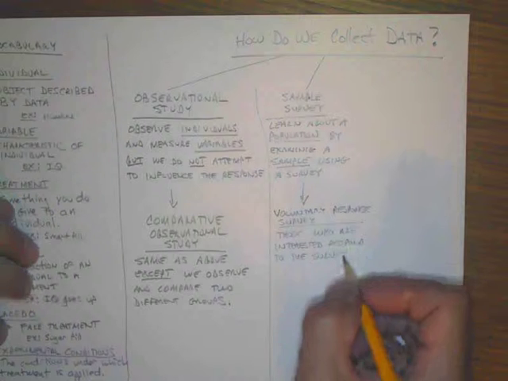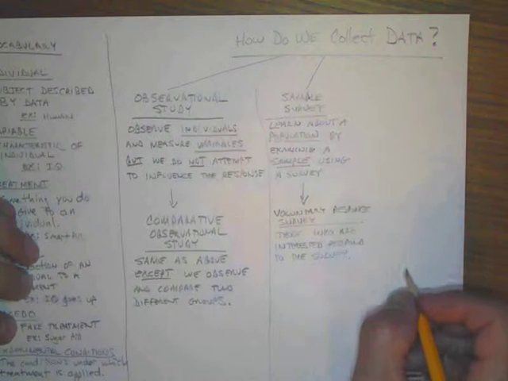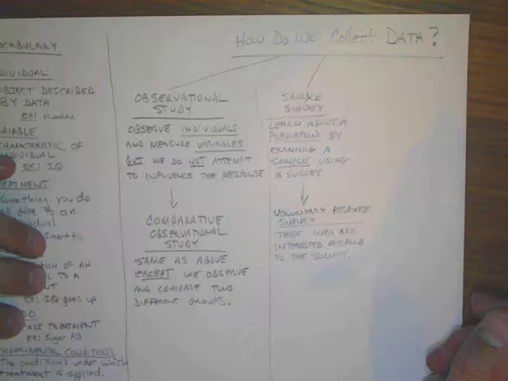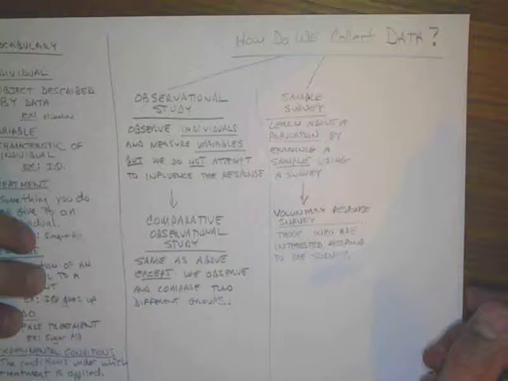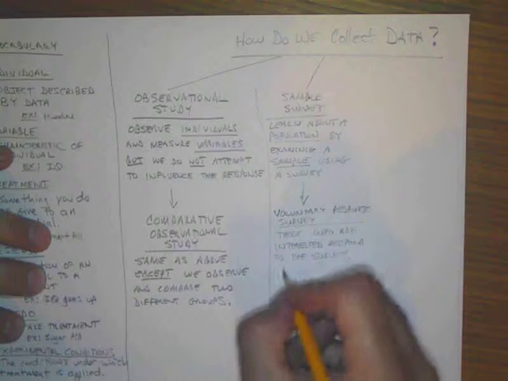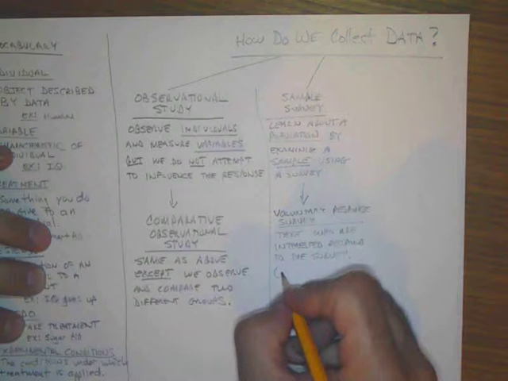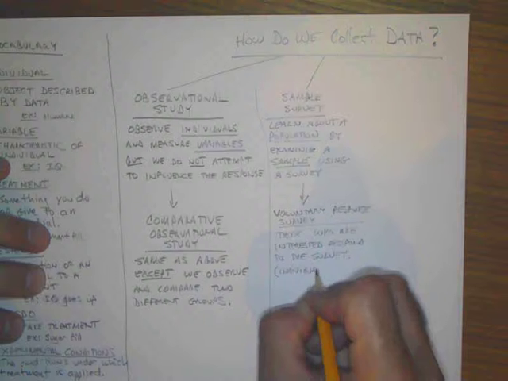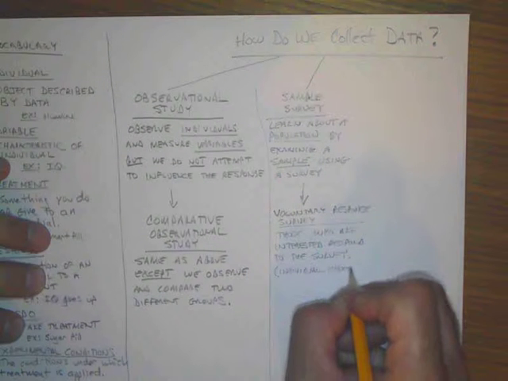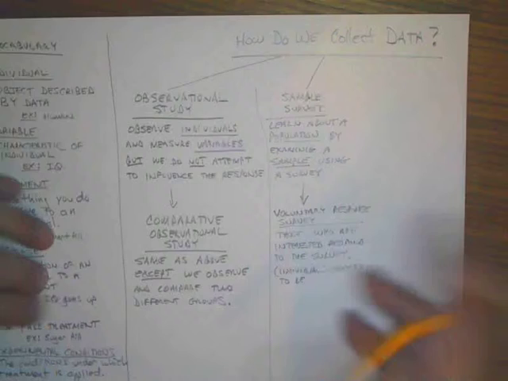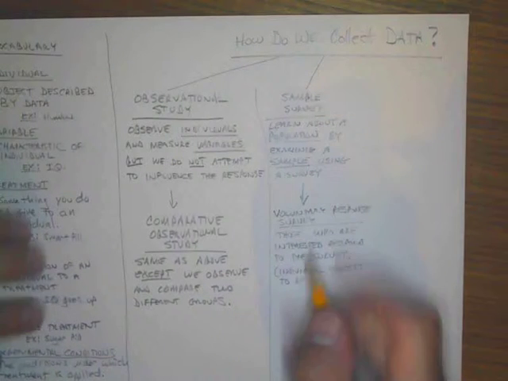So, for example, you could pass out a survey to people in the lunch line and say, if you are interested, fill out the survey and turn it in. And in this case, the individual chooses to participate.